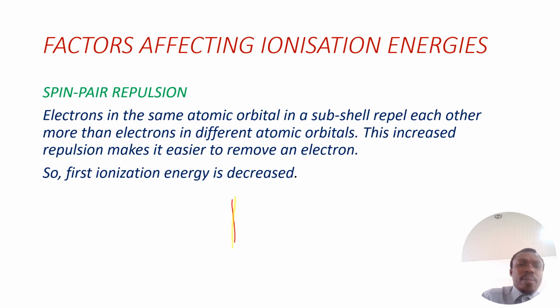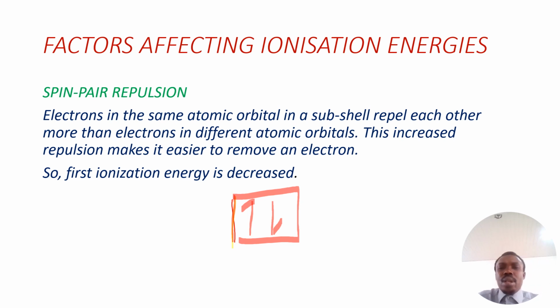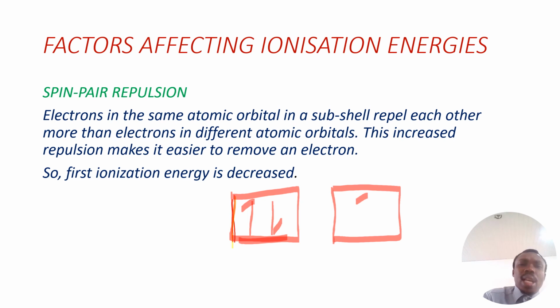So this orbital contains a pair of electrons that spin in opposite directions, and this orbital contains an unpaired electron. An electron is negatively charged.